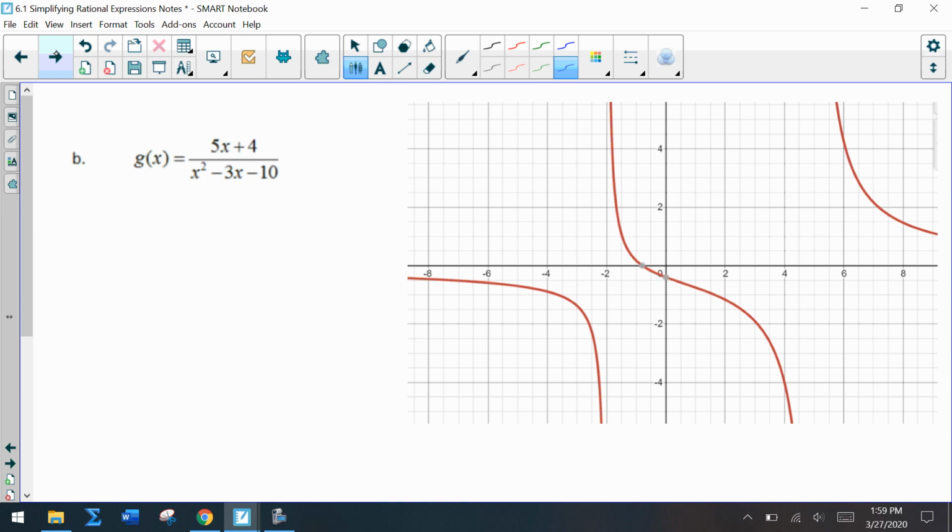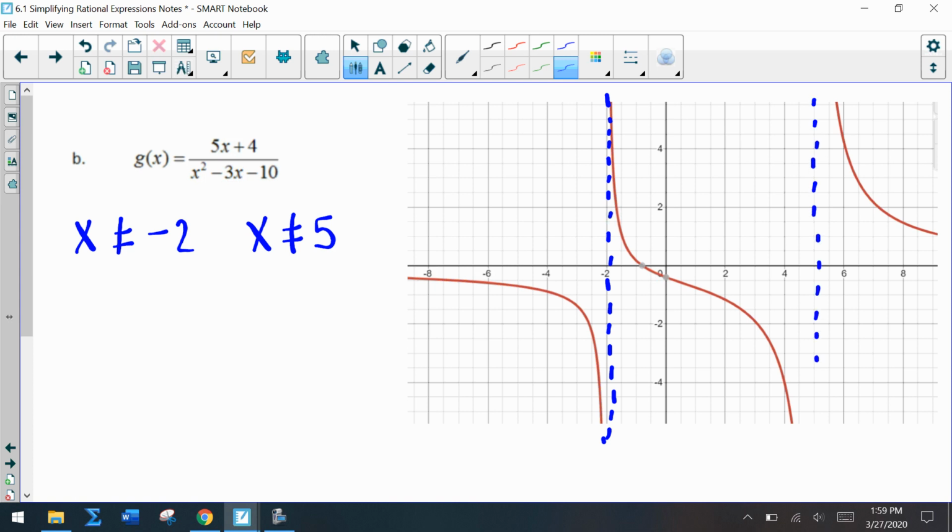So for this one, we said that x cannot equal negative 2 and x cannot equal 5. So here's negative 2. If I draw this dashed vertical line, and then 5 is right here. So there are 3 parts to this graph. Notice how when this graph gets closer and closer to this dashed line, it's not going to cross it.